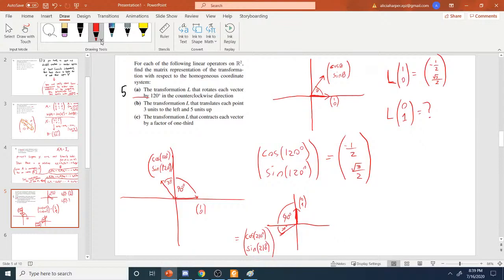But this right here is the same thing as, so I'm going to have negative square root of 3 over 2 right here. And down here I'm going to have negative 1/2. So I'll go over here and record that.